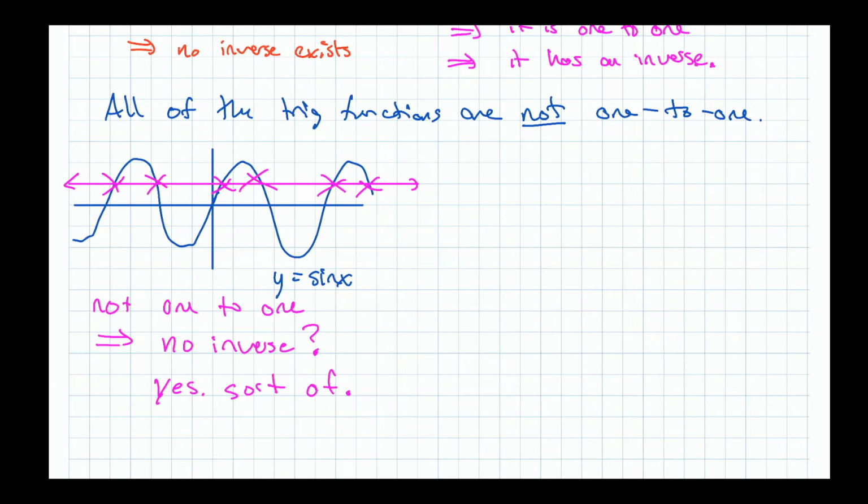Because they repeat themselves as you go across x. As the angle goes around the unit circle, you eventually get back to where you started, which means the function values repeat, which means it's not one-to-one. Okay, so technically they would not have any inverses, but we want them to have inverses. But we want to define inverses anyway.